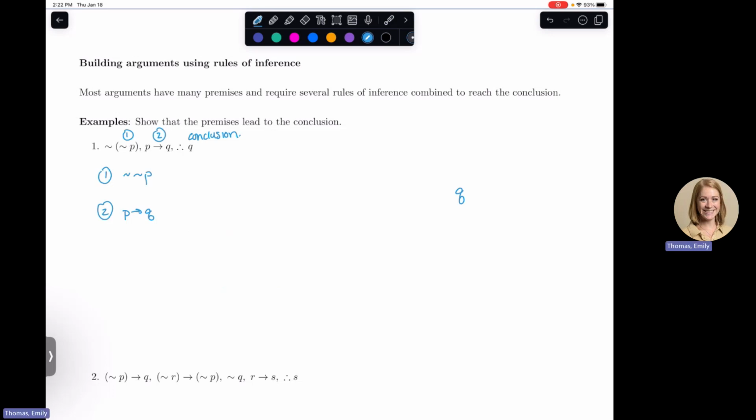Okay, so how can we move a step closer to Q? Because it's a negation, it's 2 negatives. Can we make that positive? Sure. So this becomes regular old P. Yeah, these two together using what rule?